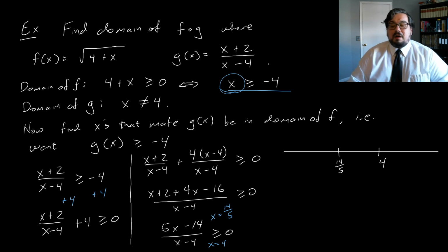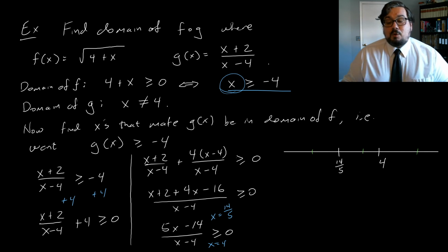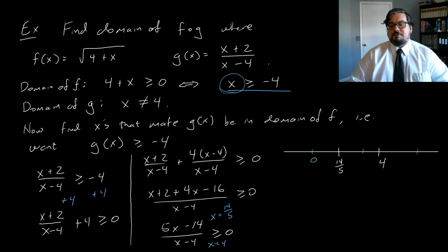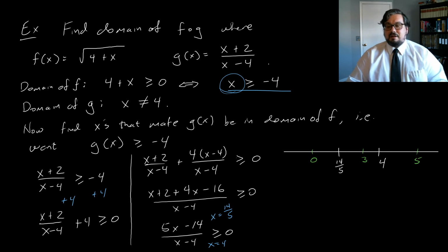And now remember, what we want to do is plug a representative from each one of these intervals into the inequality to see whether we get a true statement or not. So from the first interval we can pick 0, from the second interval we can pick 3, because it turns out that 3 is just a little bit more than 14 over 5. And from the right-hand side, we could pick 5.